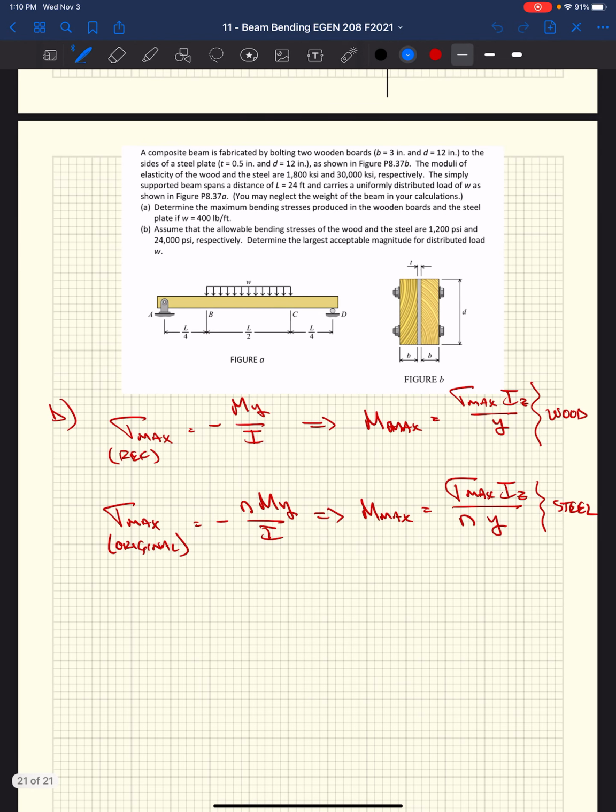So we could use our bending stress equation, My over I, and rearrange it for the maximum moment, because we now have a maximum stress that we can have in our materials. We have the moment of inertia that we calculated based on the overall reference material: we transformed our steel into all wood, so we have this moment of inertia for an all-wood cross-section, and our Y based on that centroid.